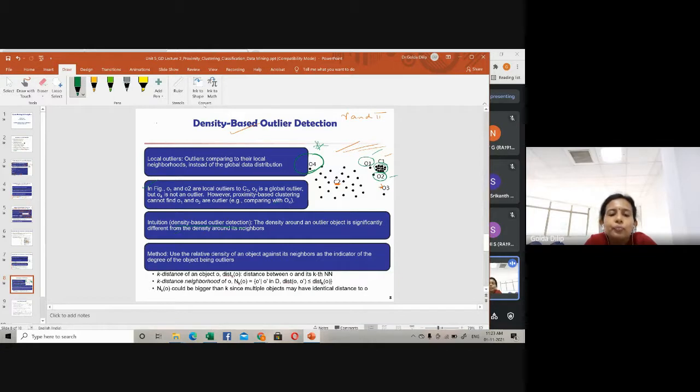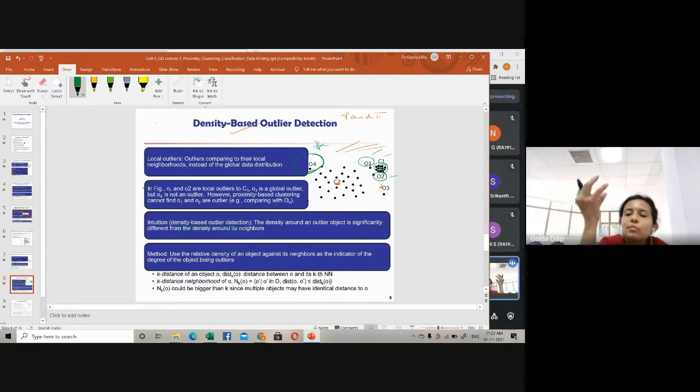You use the concept of relative density of an object against its neighbors as the indicator of the degree of the object being an outlier. You compare the density around an object with the density around its local neighbors.